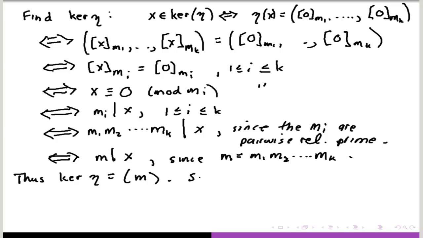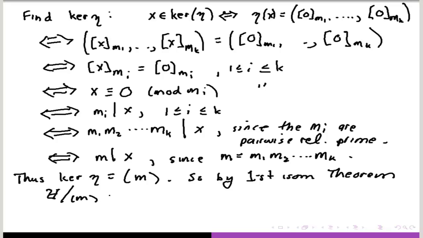So by the first isomorphism theorem, we get Z mod the kernel, so Z mod m, is isomorphic to eta of Z.